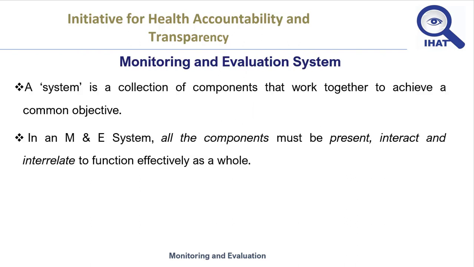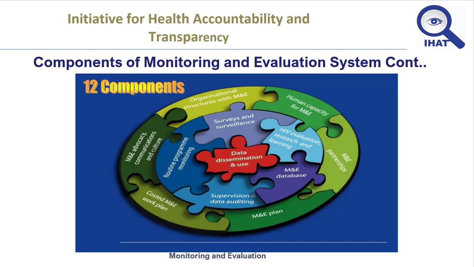To understand an M&E system, we need to know what system means. A system is a collection of components, parts or elements that work together to achieve a common objective. In an M&E system, all the components must be present, they must interact and interrelate to function effectively as a whole.